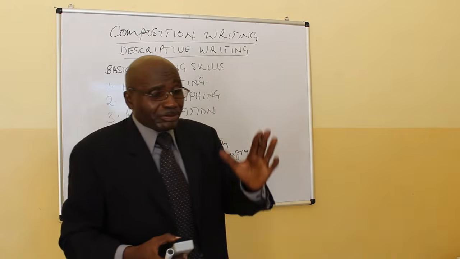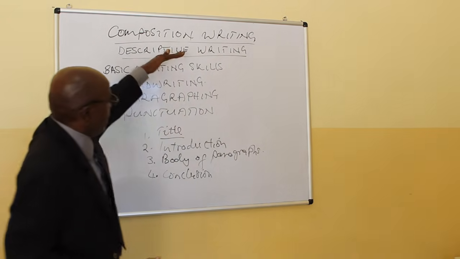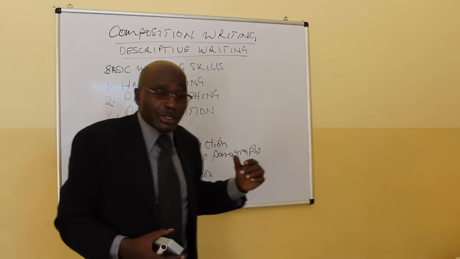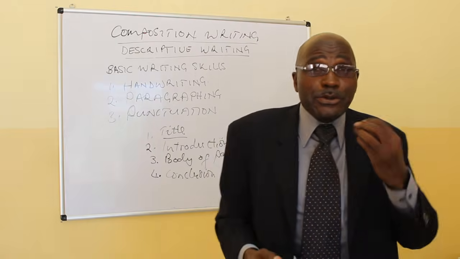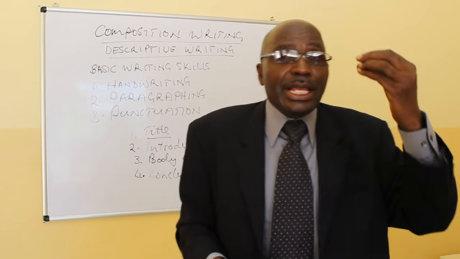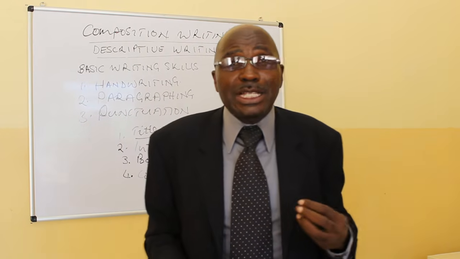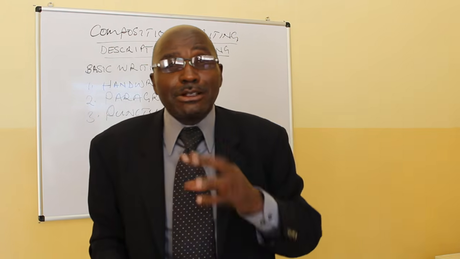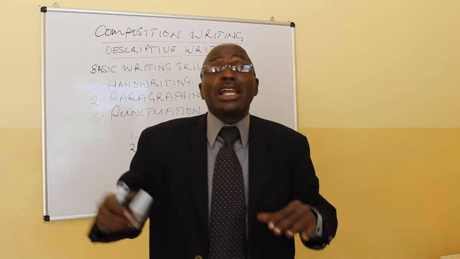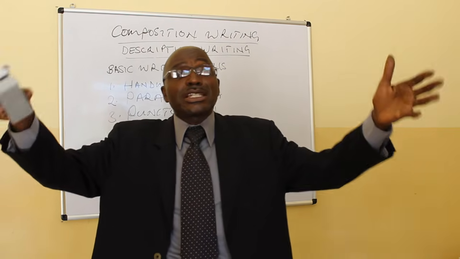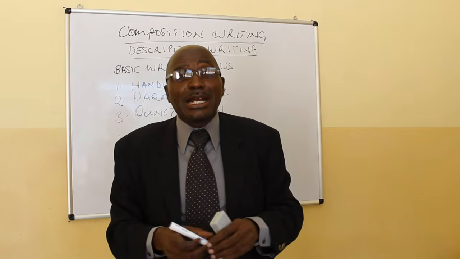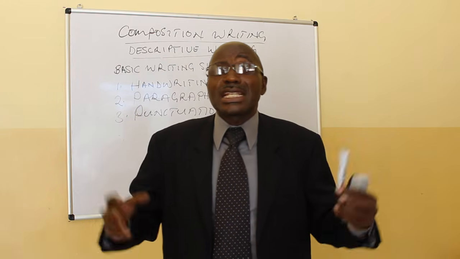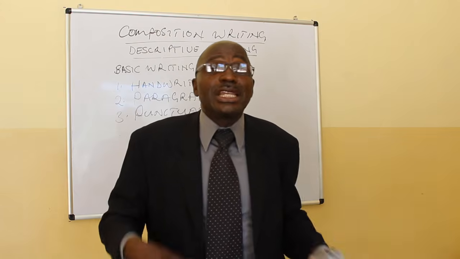Now, having looked at the basic requirements of descriptive writing, I will give you a question which you are going to write about. I know most of you must have gone to certain situations or events, or maybe you have beautiful things that you cherish and want to have in the future.